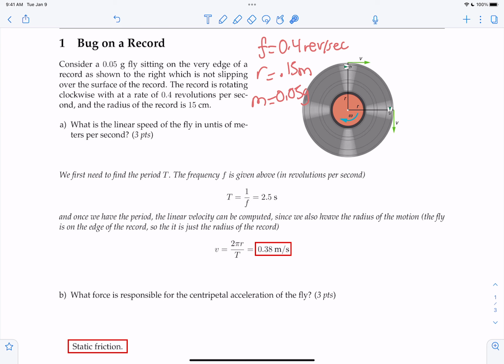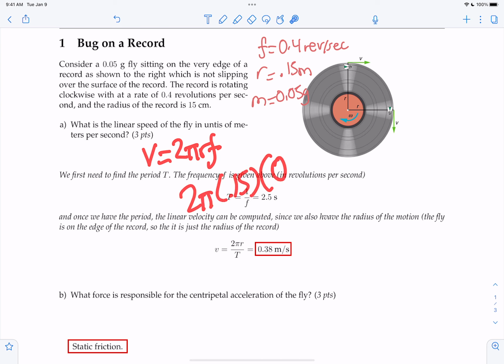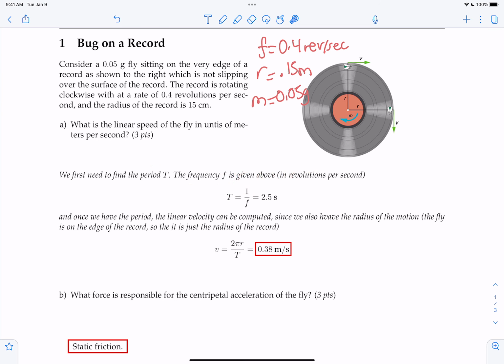So v is equal to 2 pi r f, right? We have our radius, 0.15, so we can take 2 pi times 0.15 times our frequency, which is 0.4 revolutions per second. If we multiply that out real quick, let me check just to make sure. Yep, 0.38 meters per second is what you should get for part A. That makes sense, right?